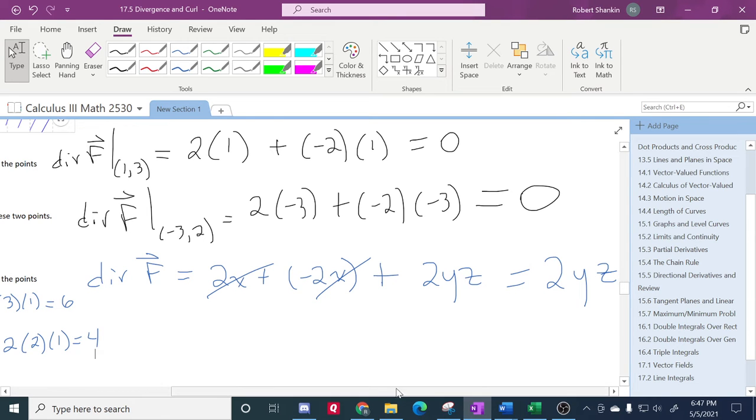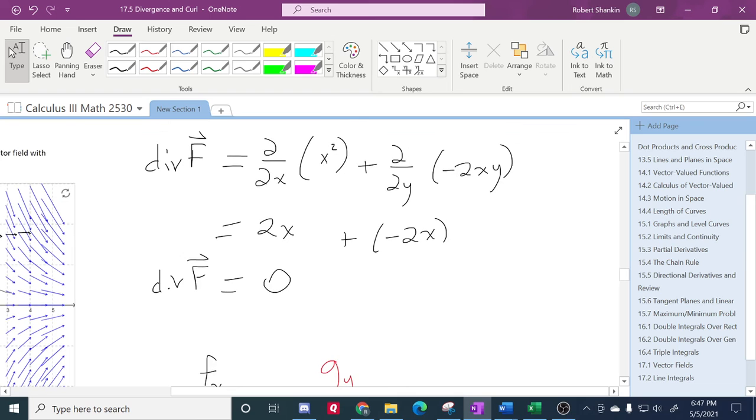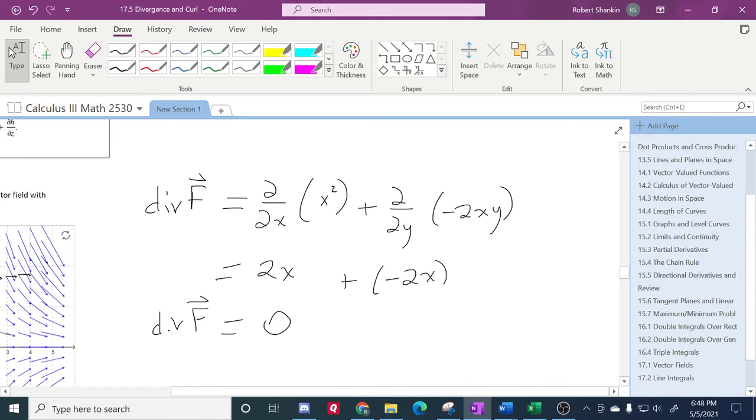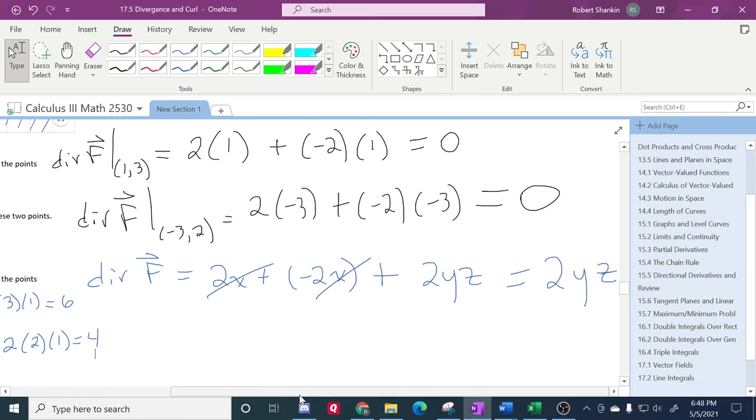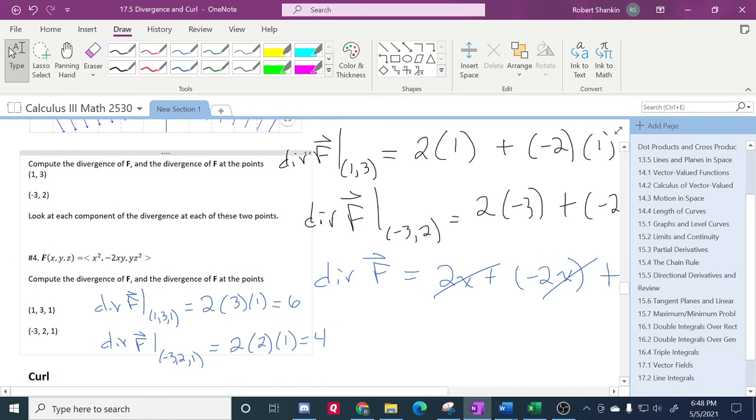Over here it was the y component that disappeared, and the 2x components had a critical effect and then it disappeared, and the only thing that matters is the y and the z in the total divergence. So we can get some big observations from this function, but very often we use it at specific places and find out what the divergence at particular points is, and it can vary according to where we are.